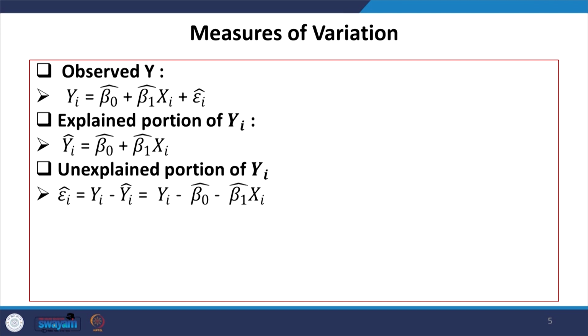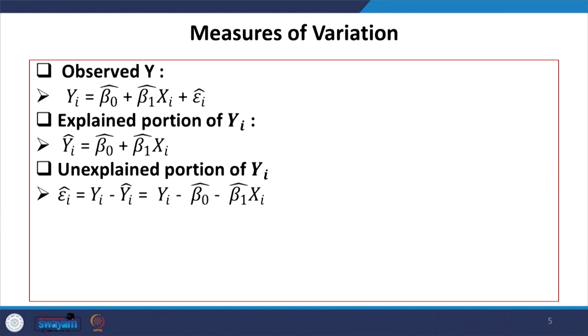Now, the first concept in this case is called observed y, then the explained portion of the individual data, that is y, then the unexplained portion of yi. These three concepts should be clarified mathematically.